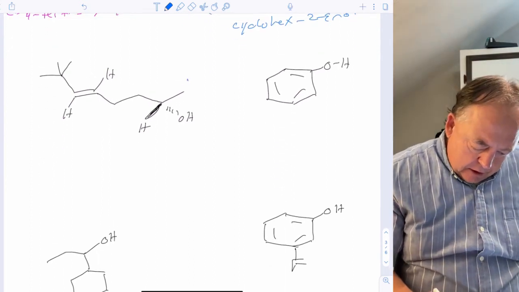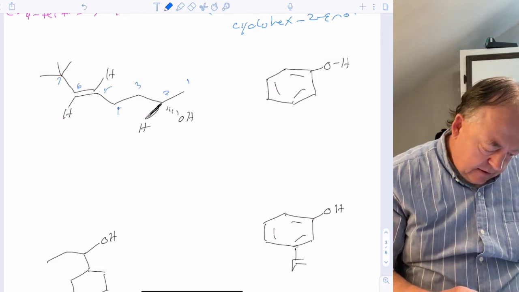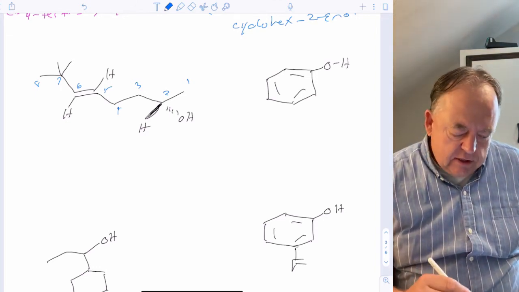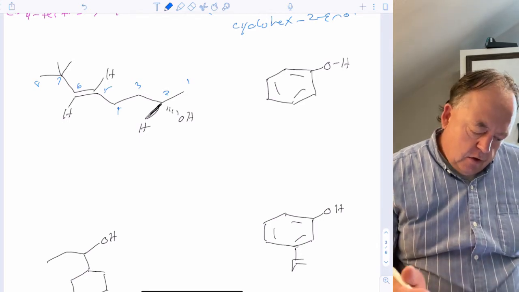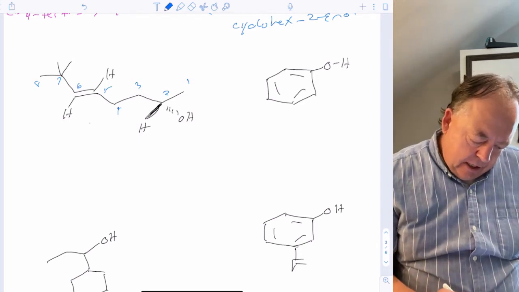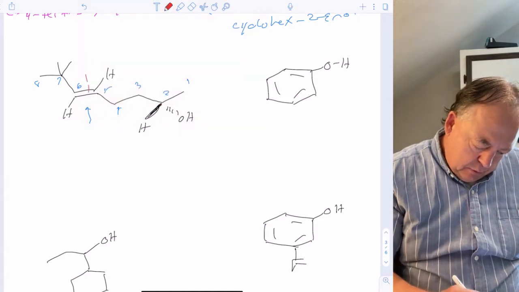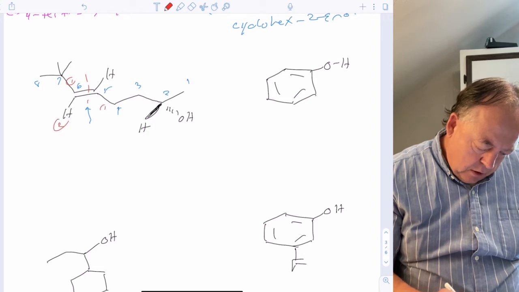Okay, so for this molecule, 2, 3, 4, 5, 6, 7, 8. So that's not a tert-butyl at number 6, right? Because carbon 7 and carbon 8 is part of the parent. Okay, so now we have an alkene where we need to do cis and trans. So if we split the double bond in half, this is priority 1 and 2, and 1 and 2.